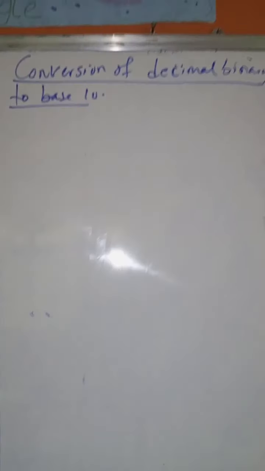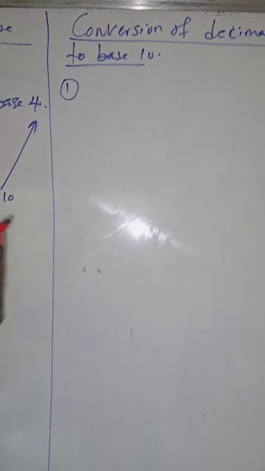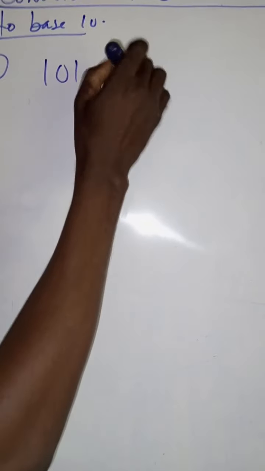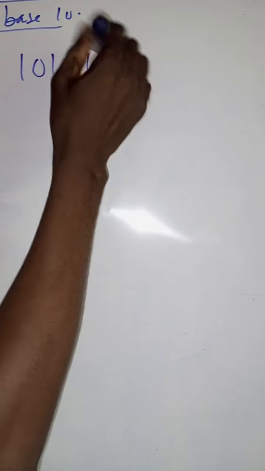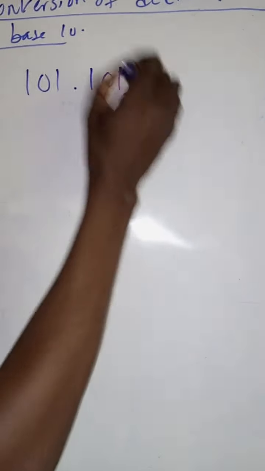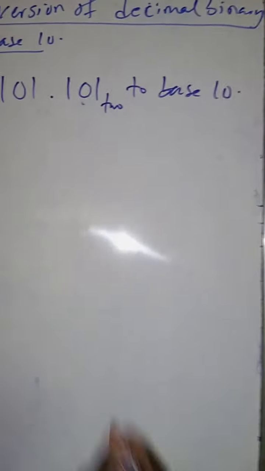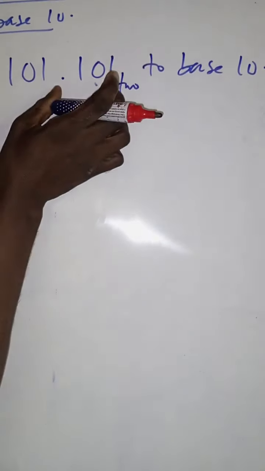Then this one is quite simple, very simple. So you just follow your number line. Let's say I'm given 1 0 1 . 1 1, everything base 2 to base 10. Normal, this is our whole number, but this is our decimal fraction.